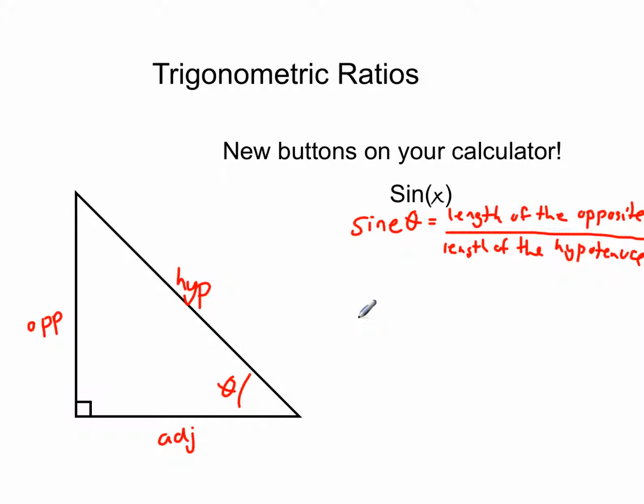So in short, we're just going to write that again the way we do as we solve problems. The sine of theta is equal to opposite over hypotenuse. This is our first trigonometric ratio.